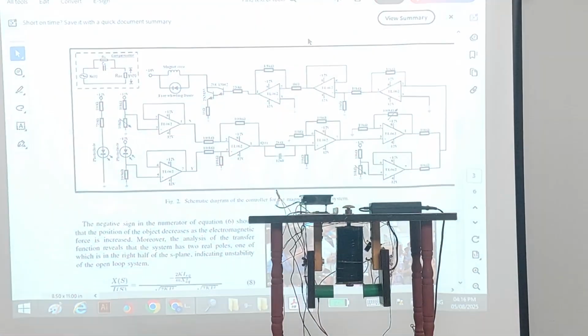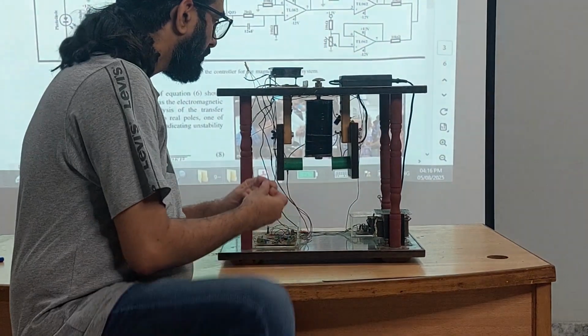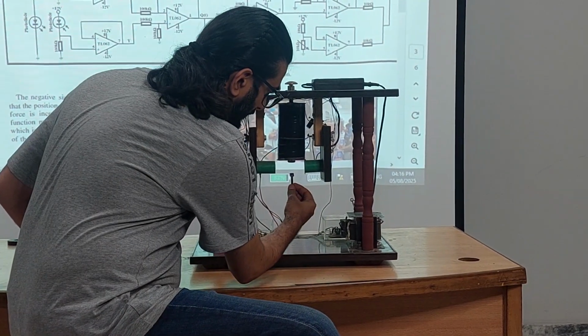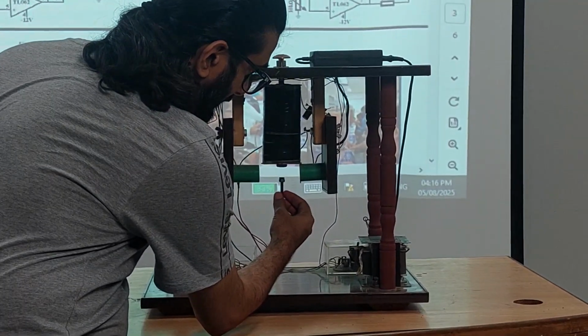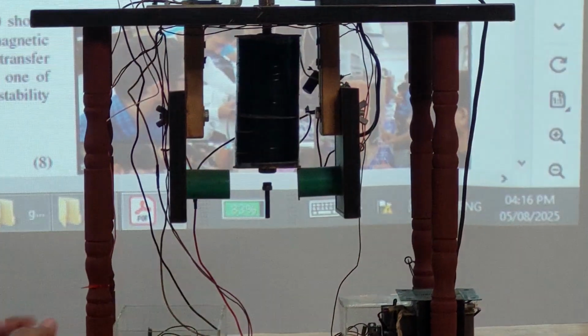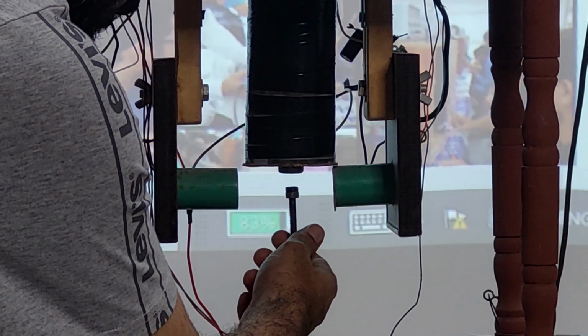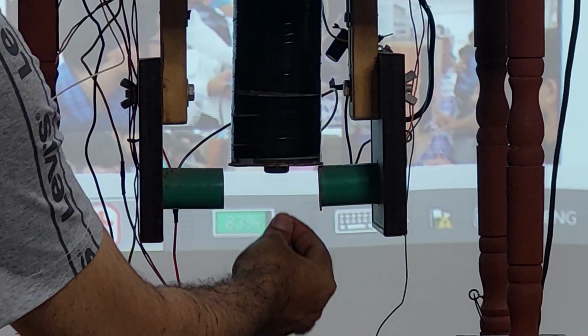If we can do it successfully, then we will get a magnetic levitation against the gravity, just like this. Once it is levitated, if I give a small rotation to it, it will keep on rotating. If I give it a small tilt or a vibration, it will keep on vibrating till infinity.